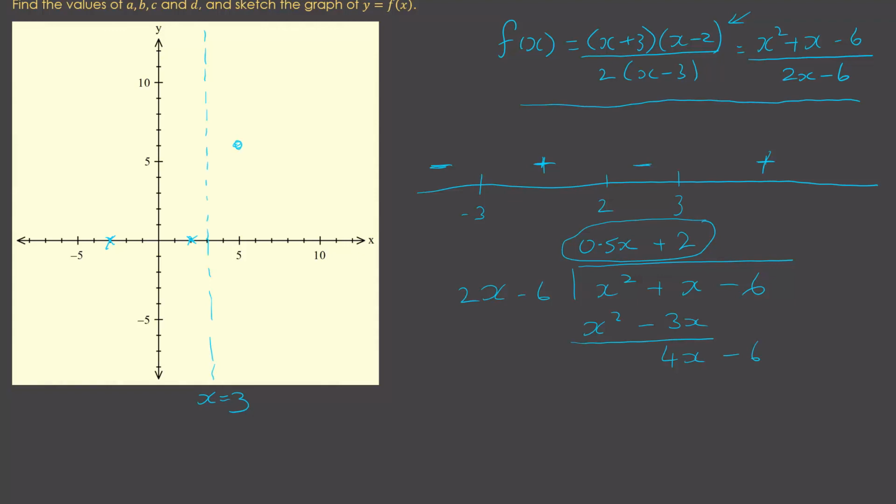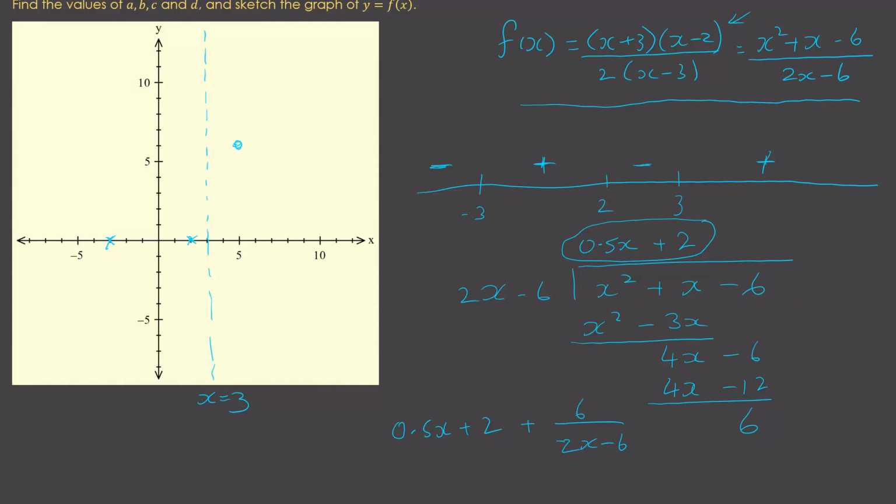And then multiply the 2 by those things, and we get 4x take away 12, which gives us a remainder of 6. Now, what that means is that we could write the function as 0.5x plus 2 plus the remainder over 2x minus 6.